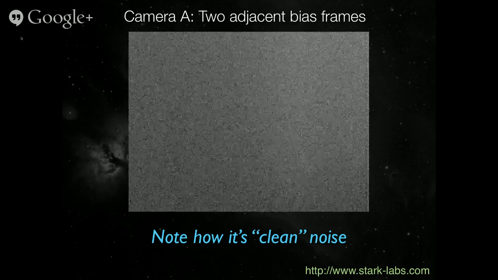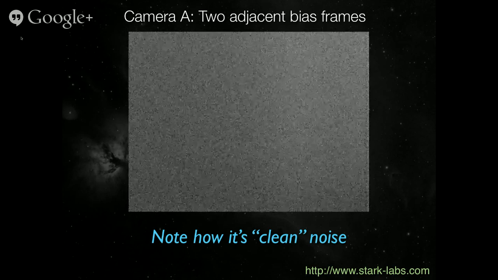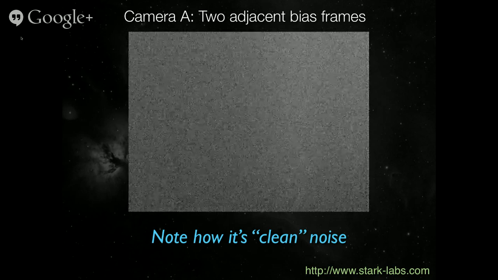Each one looks like static on an old TV set. I don't see any patterns to this. It's just a classic kind of noise. Everything is going to have its noise, and the nice thing about this noise is that it's truly random.